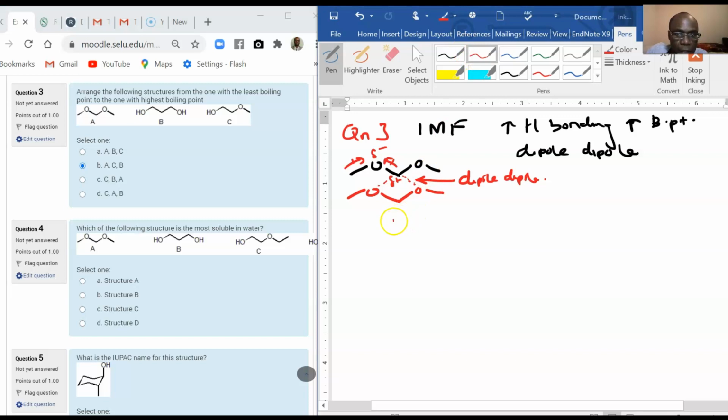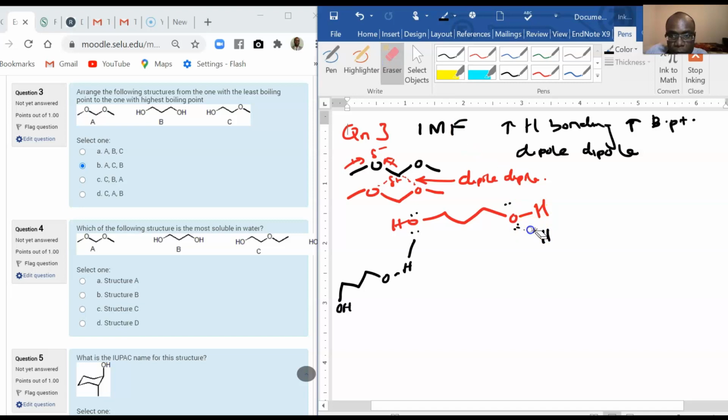B has two OHs, so you can imagine it has the opportunity to make so much hydrogen bonding, from here to one hydrogen which is bonded to an oxygen of another molecule, or from here to a hydrogen. You get another hydrogen bonding here, also here.